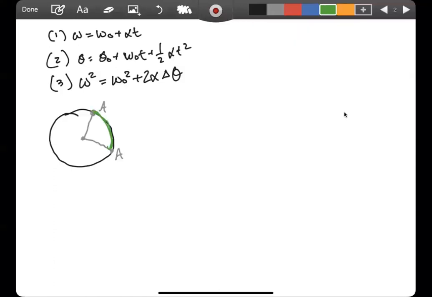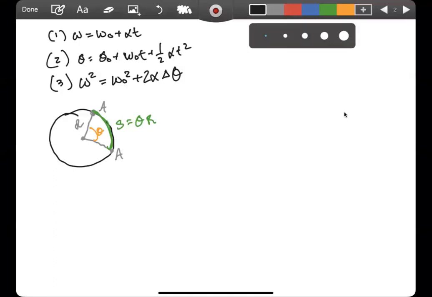It also has an angle that it sweeps out. Here the arc is equal to theta times the radius, where this has some radius r. This is the relationship between the translational distance and the angular distance.